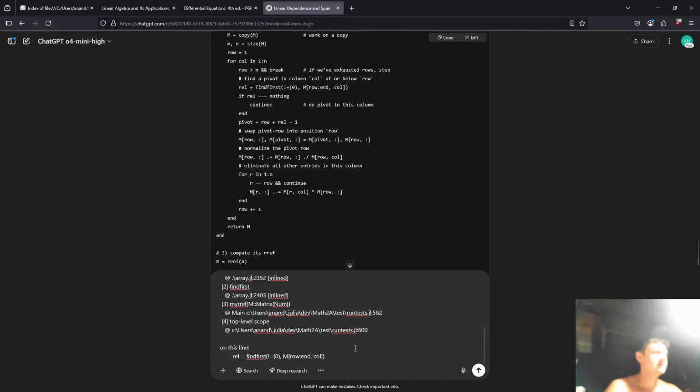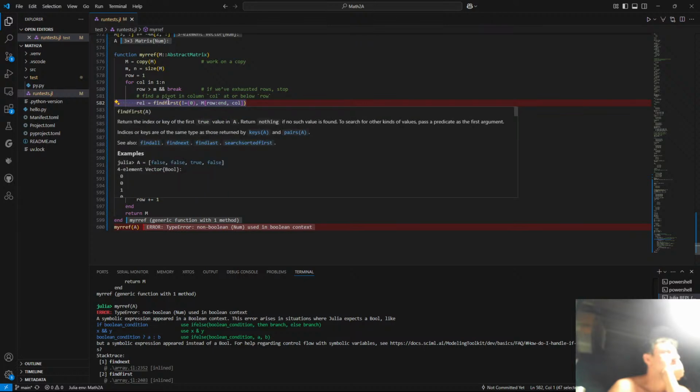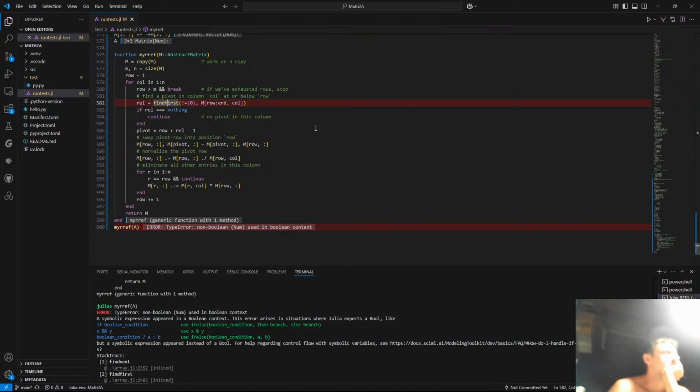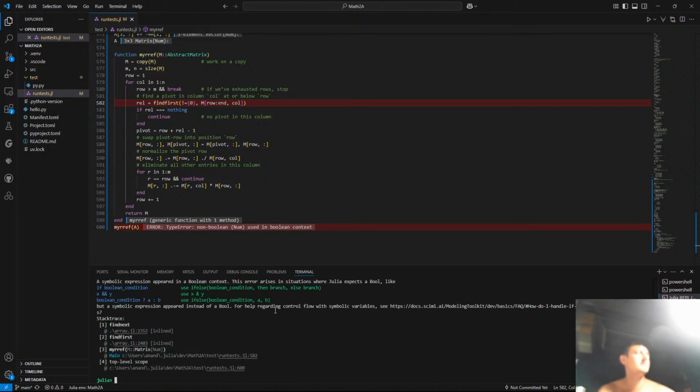Let's see how smart this thing can do. Yeah, this thing's just not gonna work because of this. That's what's so brutal about using the freaking dumb symbolics, man.